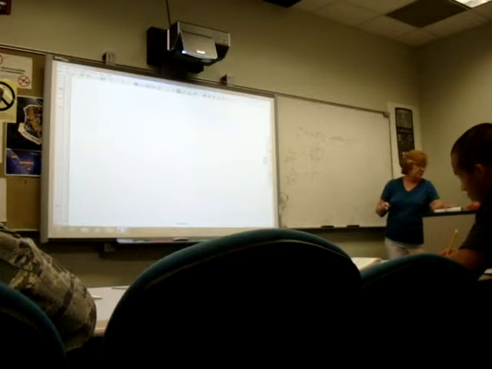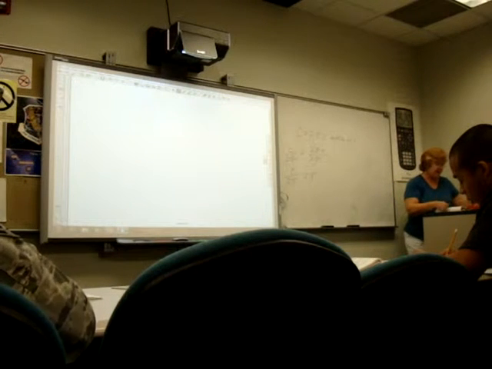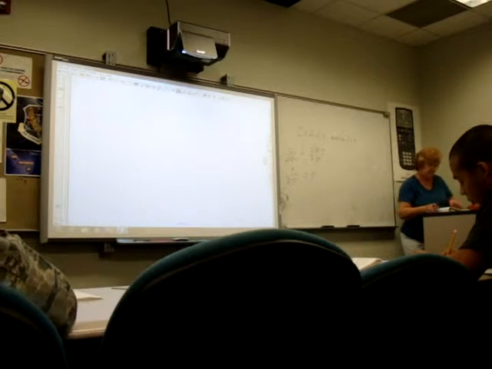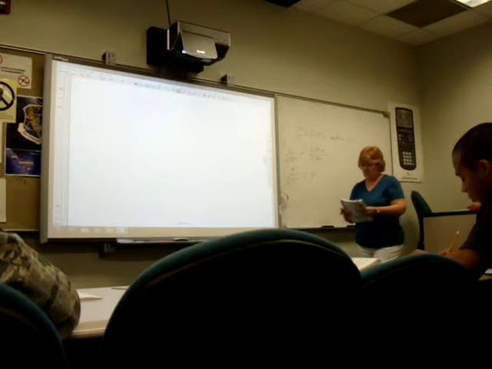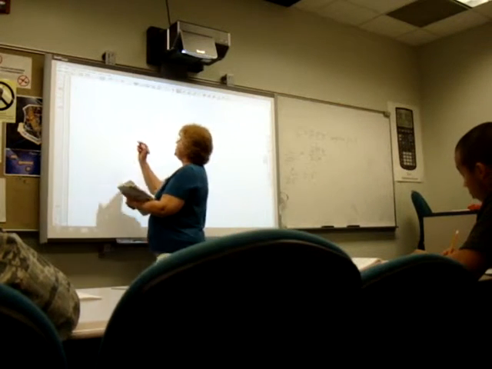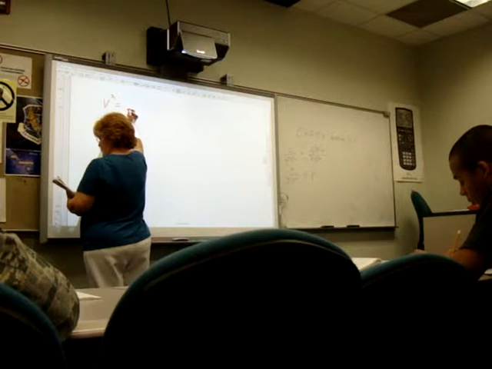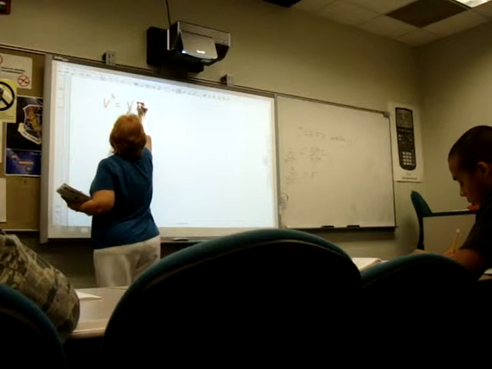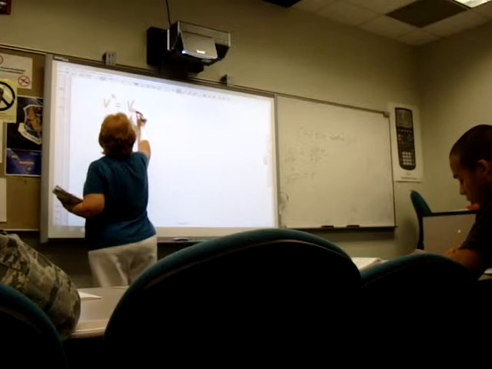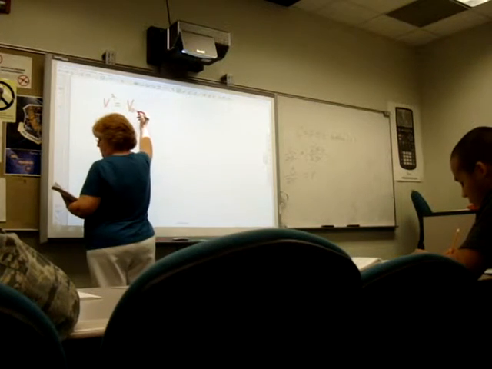Number 34, what you have in that one is the following. You have v squared is equal to v sub o. A number written down here is called a subscript.